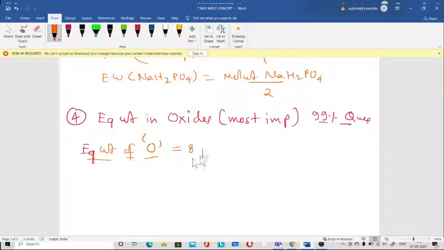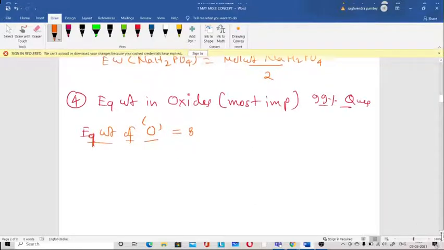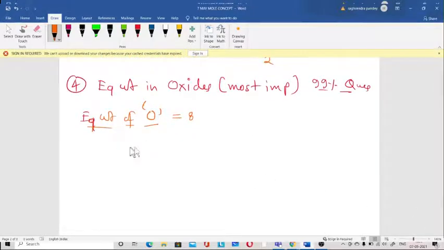One thing you have to remember. Now in the definition, the equivalent weight of oxides. You say there are various oxides. Suppose we take sodium oxide, calcium oxide, aluminium oxide, iron oxide.